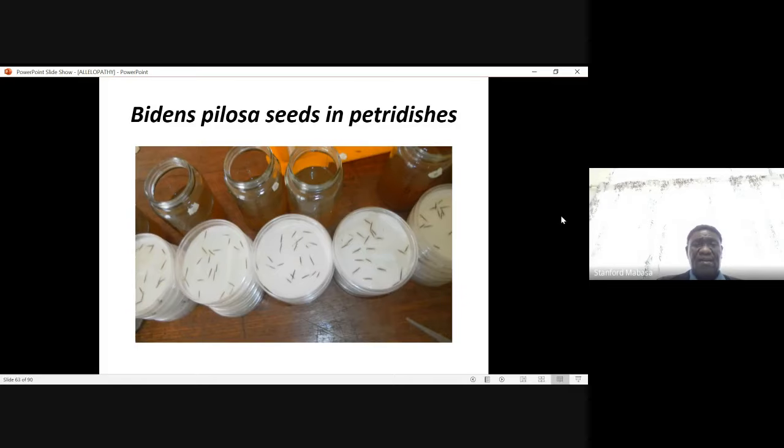So these are petri dishes with Bidens pilosa. And probably someone was applying some allelochemicals or leaf extracts to these petri dishes.